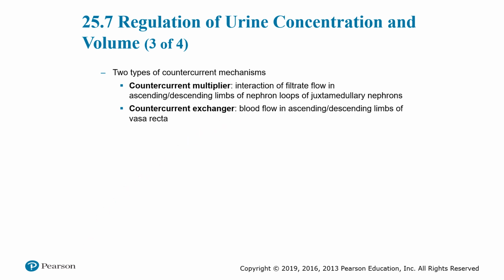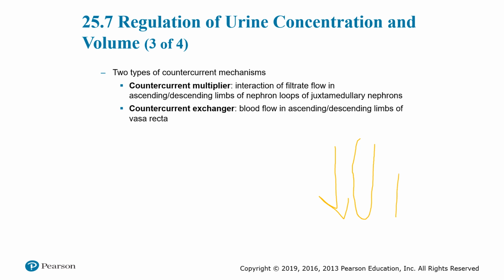Our countercurrent multiplier is our loop of Henle of the juxtamedullary nephrons. Remember, juxtamedullary nephrons are the ones which have long loops which dip into the medulla. So this is the descending limb of the loop of Henle, and this is the ascending limb. In the descending limb, the filtrate is coming down.